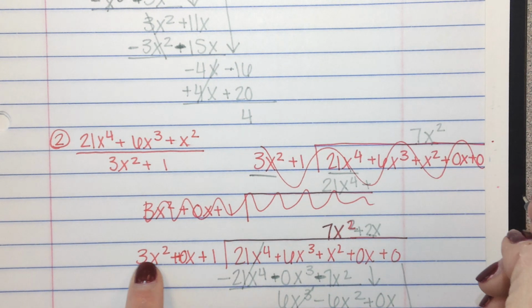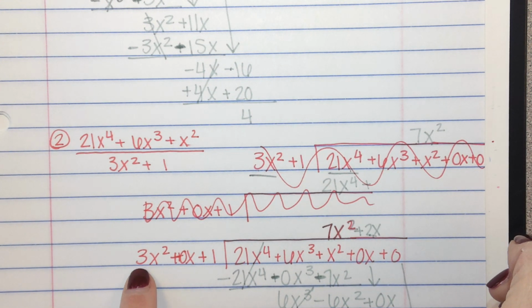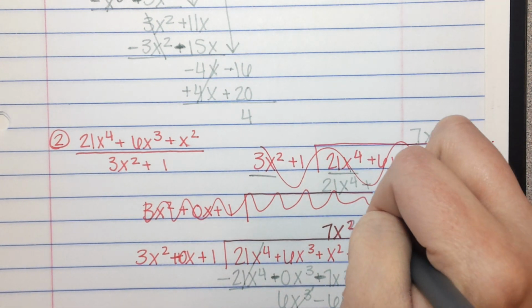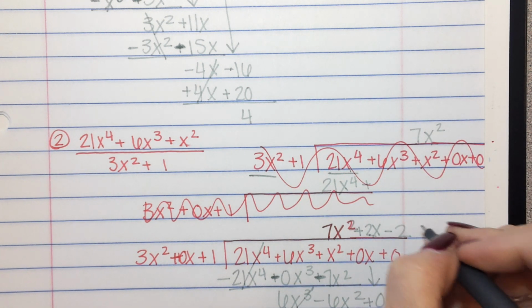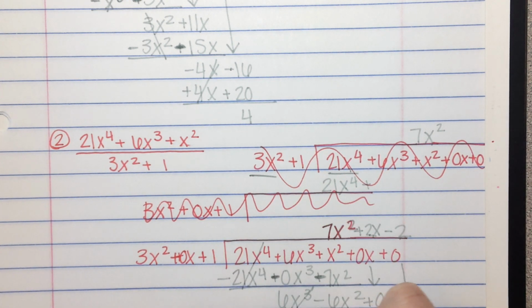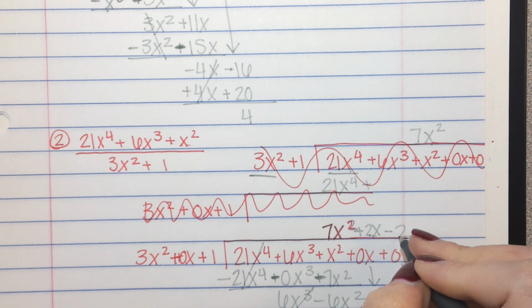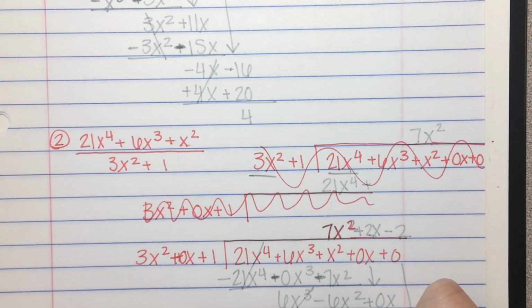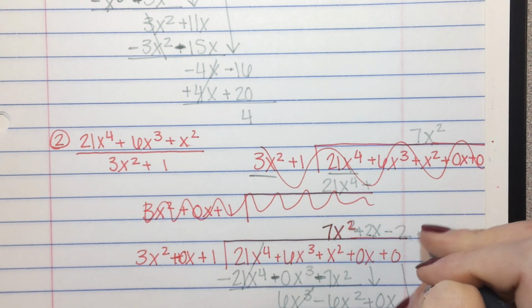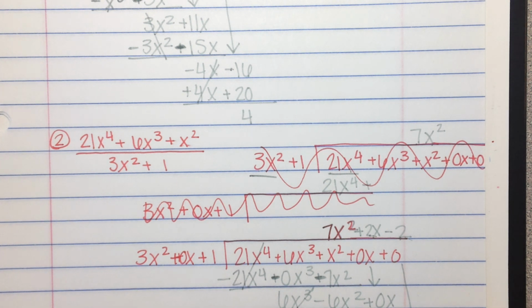Okay? And one more. We need the 3x squared to be a negative 6x squared, so it's negative 2. Negative 2 times 3 is negative 6x squared. Negative 2 times 0x is 0x. Negative 2 times 1 is negative 2. All right, change those signs.